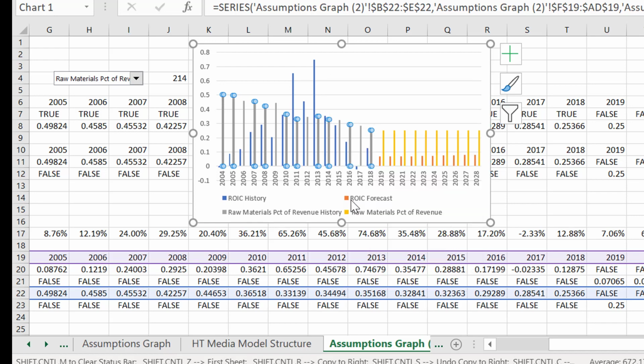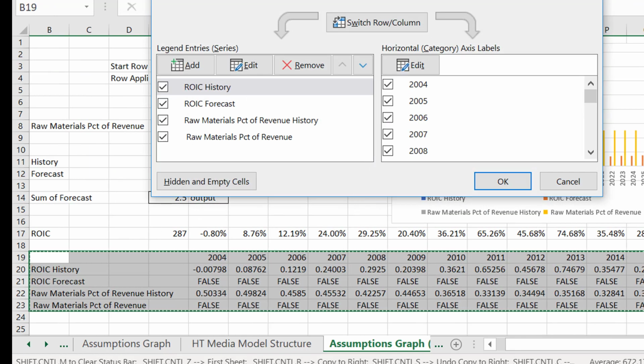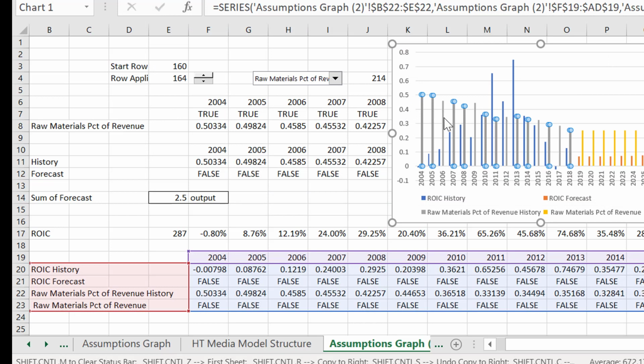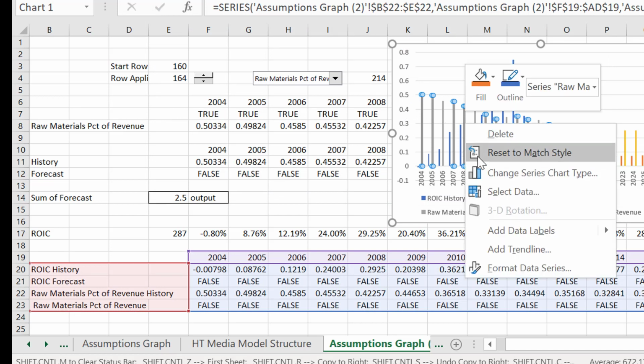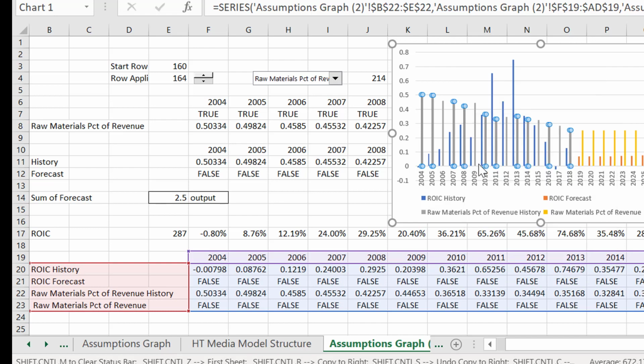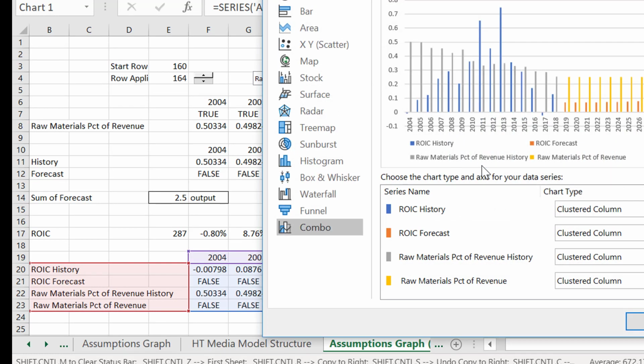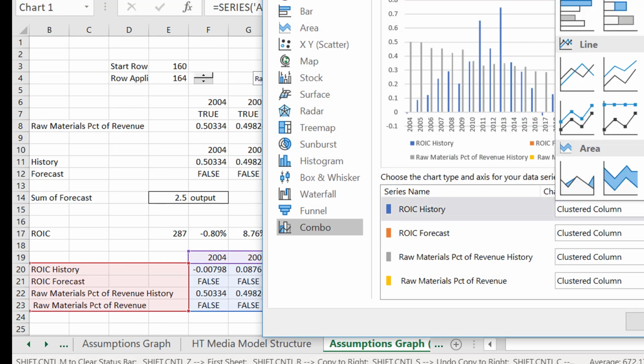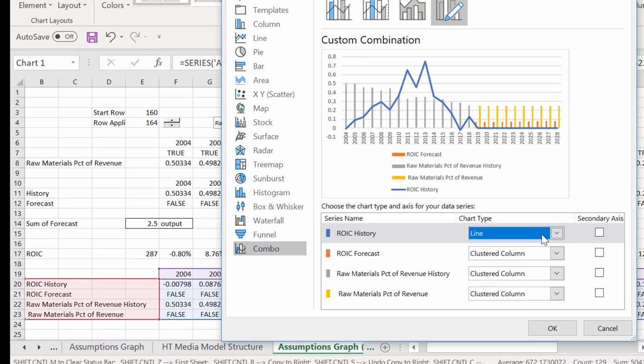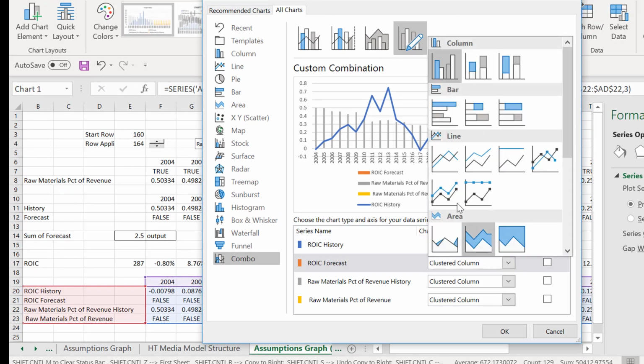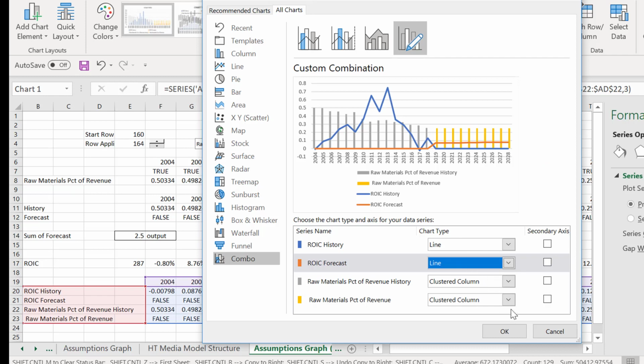I want to put select data, I suppose. Oh, come on, how'd you change this? I just want to change the series chart type. Why don't I just look at that one? Excuse me. Okay, and the ROIC history, let's make that a line, and let's make the other one a line, and let's see what happens.